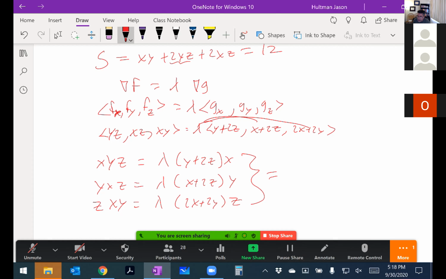And that actually allows me to eliminate lambda, because if all three of these are equal to each other, and lambda is just a multiple of each of them, then I can divide by lambda and just set each of these equal to each other.